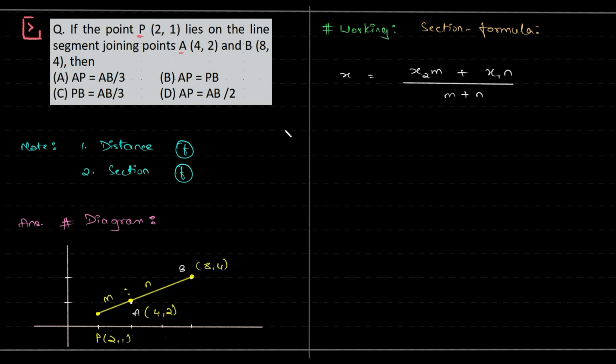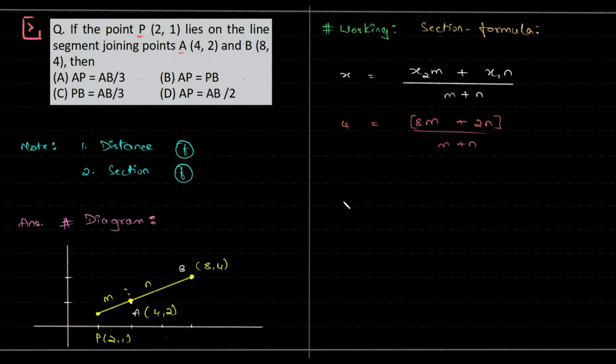So x over here would be 4, equal to x2 which is 8. Again, you should be clear where m is and where n is. M is over here, then x2 is over here. So something like that has to be clear. All of this divided by m plus n. So we can cross multiply.